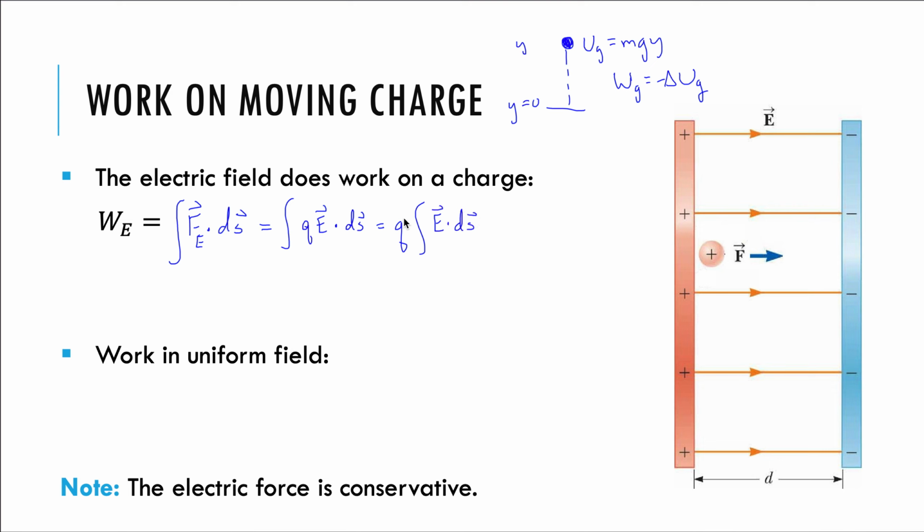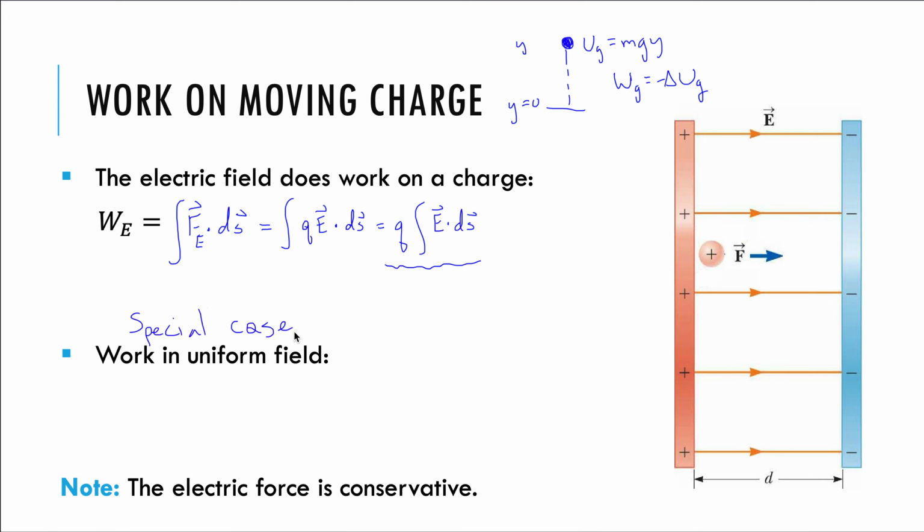What's important to remember with dot products is that it's the component of the motion in the same direction as the field that matters, because the dot product takes that parallel component. So this is the general expression for the work done by the electric field as a charge moves in an electric field.